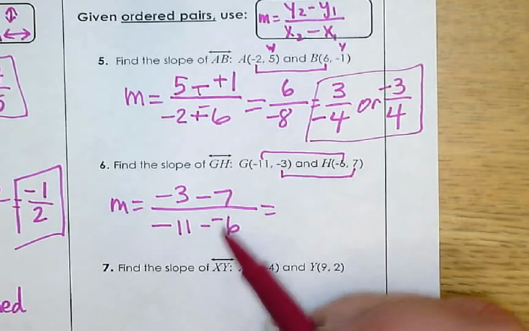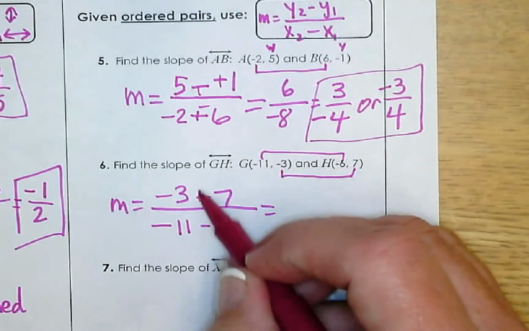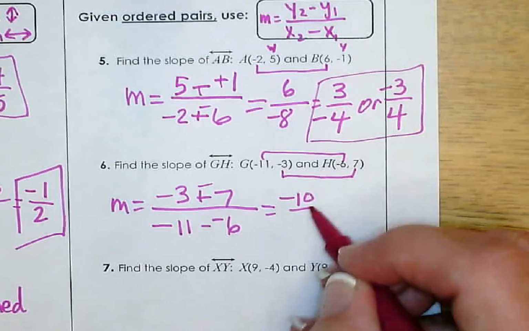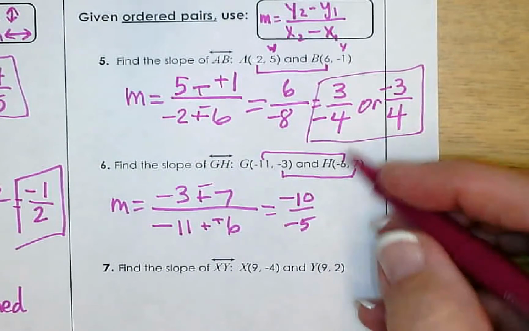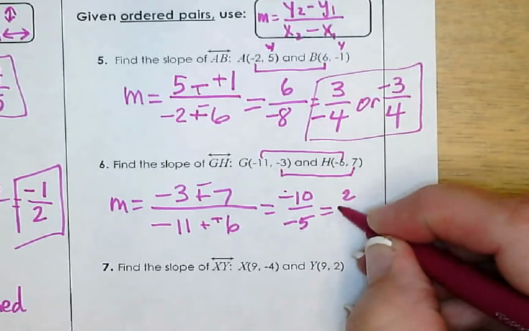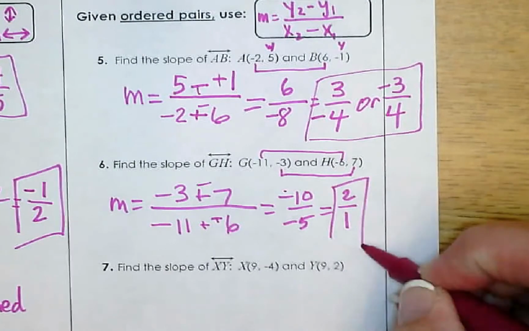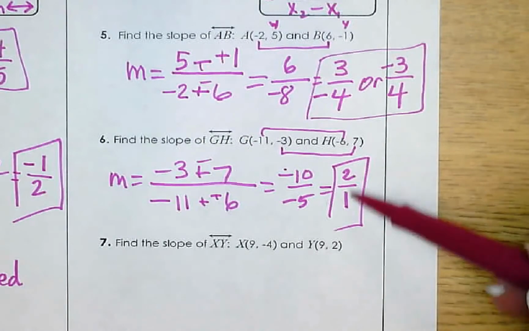Don't forget a minus, and then the actual number is a -6. So my top's going to be -10. My bottom's -5. Negative over negative becomes a positive, 2 over 1. Some people would just say the slope is 2, but I like 2 over 1 because it reminds me I have a rise and a run.